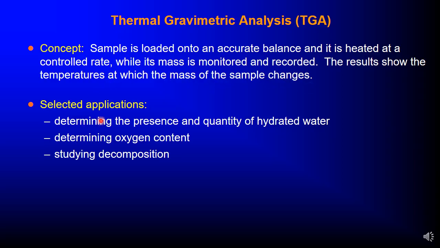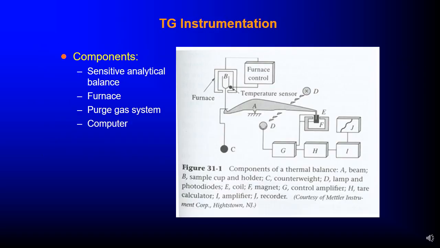Selected applications are determining the presence and quantity of hydrated water, determining oxygen content, and studying decomposition. These are examples of a thermogravimetric analysis system. The components are a sensitive analytical balance, a furnace, a purge gas system, and a computer. Majorly, those are the components.